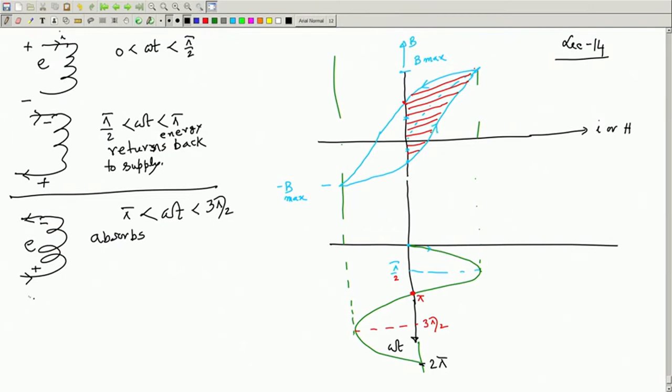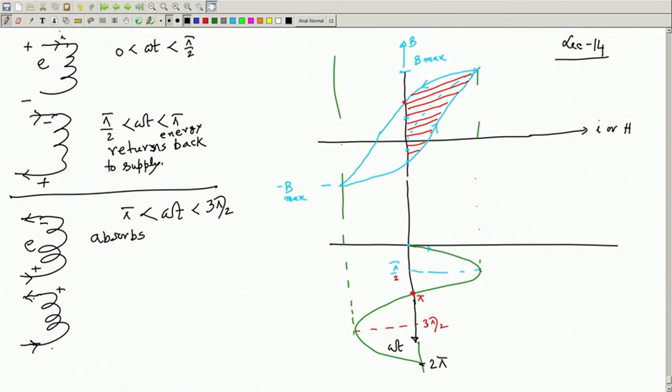And finally, between 3 pi by 2 and 2 pi, the situation is that current is still negative. So, it will be like this. But dI/dt is opposite. So, it will become like this.